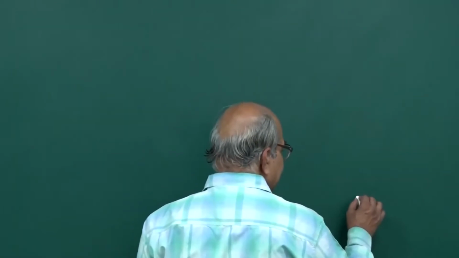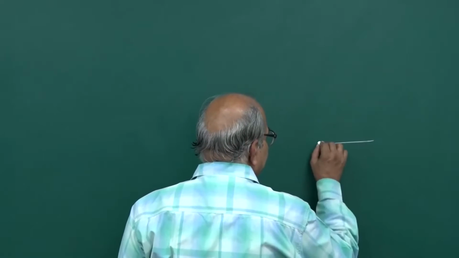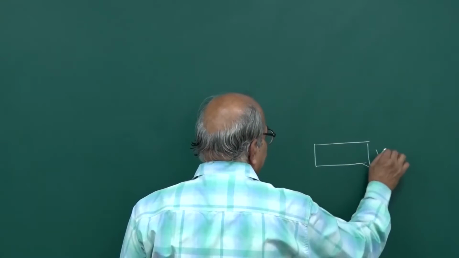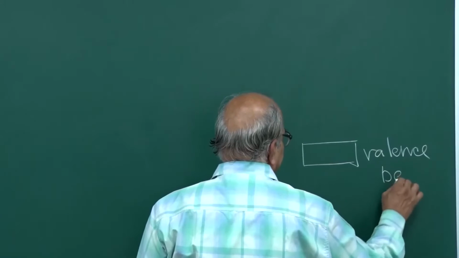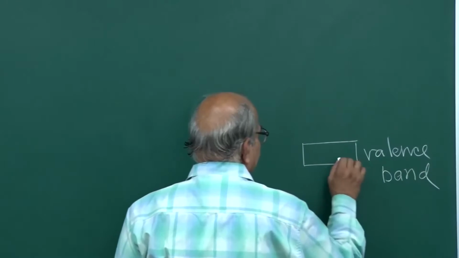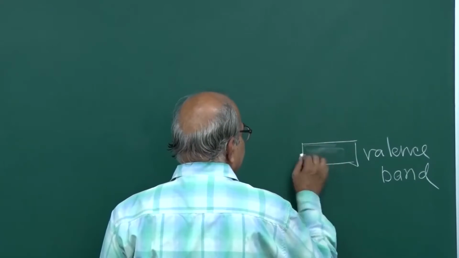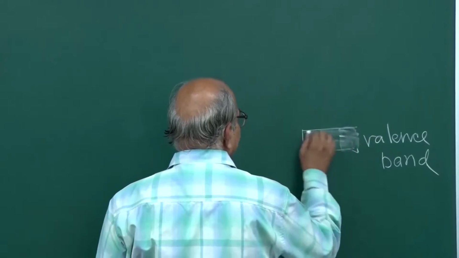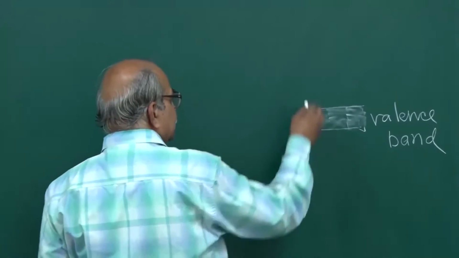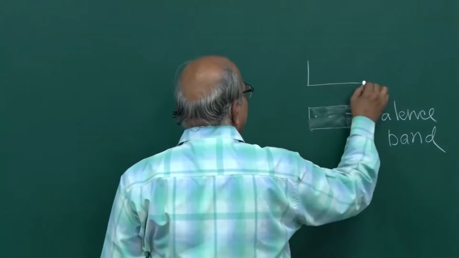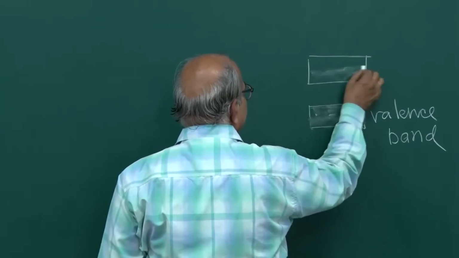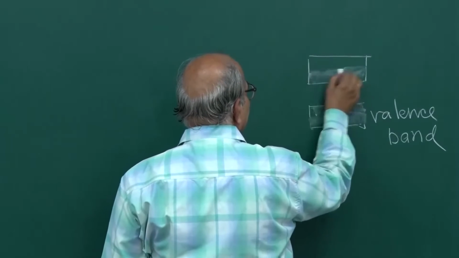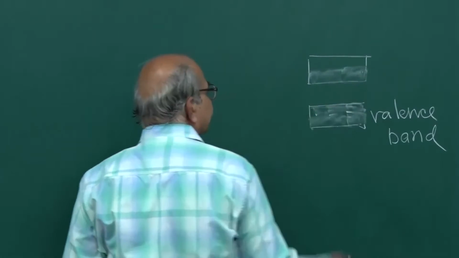So you can have a situation where you have a valence band, and by definition this valence band is completely filled. So this is the valence band, all these states are completely filled. And then you have the conduction band, which is partially filled. This is one kind of situation, and I remind you, I am talking of low temperatures only.